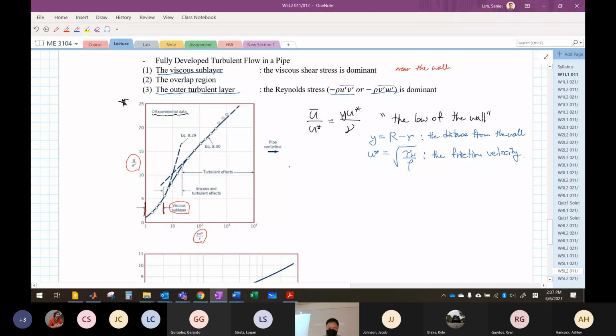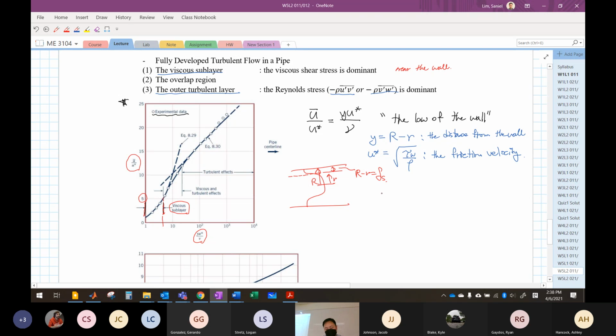Another example is an example problem in the textbook that says to find the thickness of the viscous sublayer. The thickness of the sublayer is going to be the one here. Let's just exaggerate the velocity profile. That's going to be this one, right? This is R minus r. This is the thickness of the layer. This is the boundary of the sublayer, so it's about a 5.